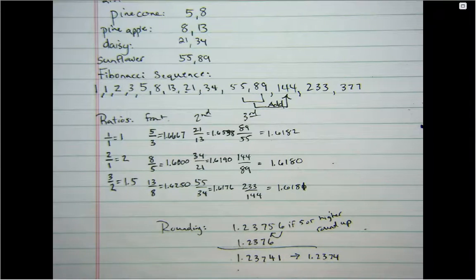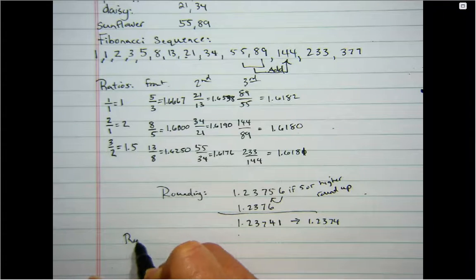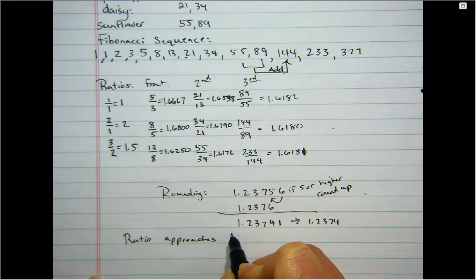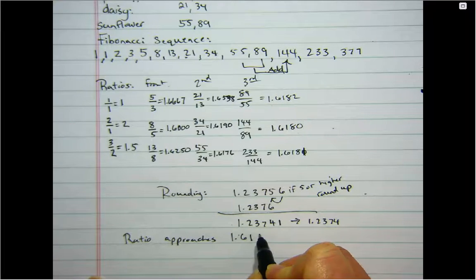So we can say this ratio approaches 1.618, and if we wanted to know more decimal places, we could do more ratios until we can see that the fourth decimal place is staying the same, and then the fifth decimal place is staying the same. But I think this is far enough.